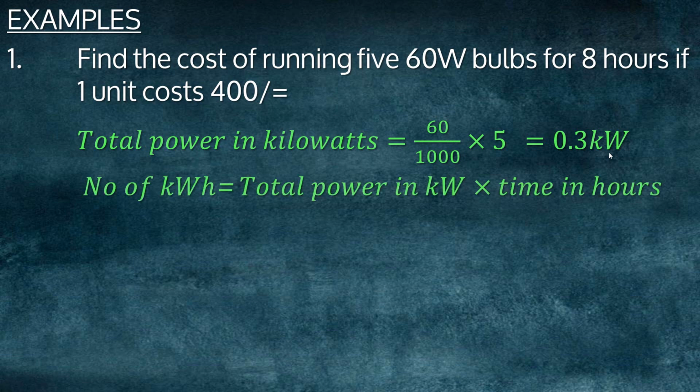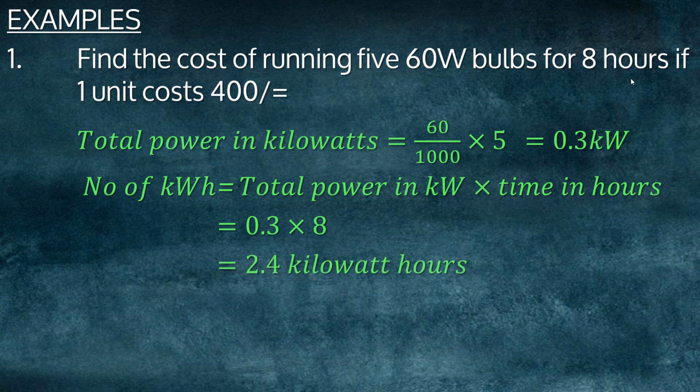So the number of kilowatt hours is equal to the total power in kilowatts times the time in hours. So if you want to get the number of units, just get the total power in kilowatts times the time in hours, which is going to be, we have 0.3 kilowatts, then multiply by the 8 hours. Remember, they told us that they're operating for 8 hours.